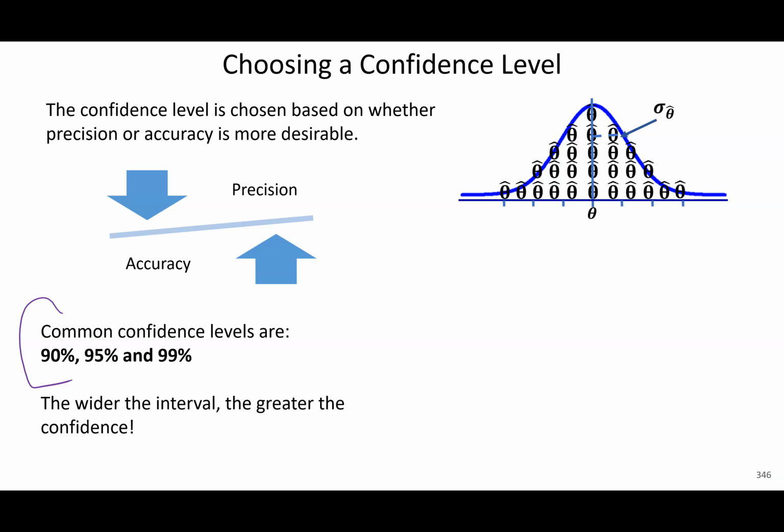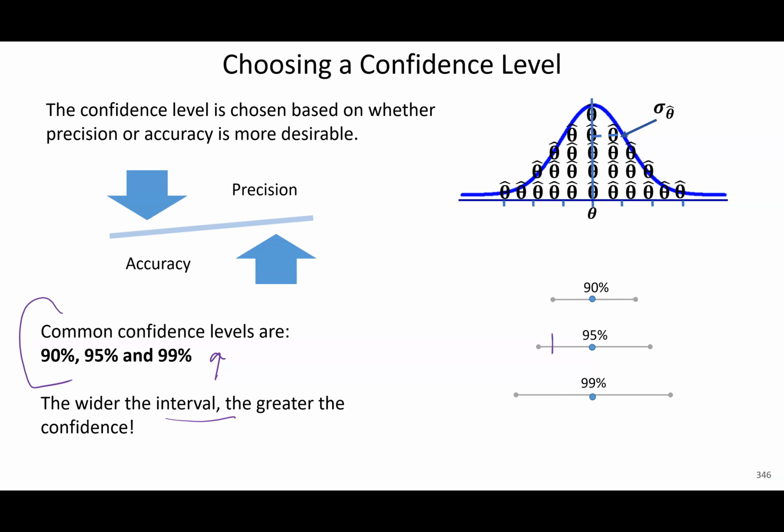So the higher the confidence, the wider the interval gets. Think, if you're 90% confident, hey, I have this range. But if you're 99, you're 90 plus some. Just to illustrate, here's an example. We have a 90% confidence interval.